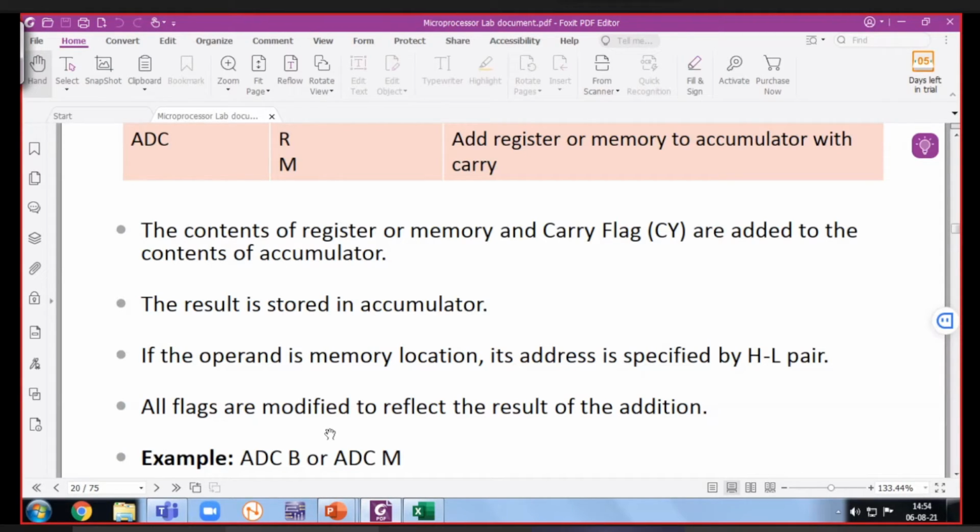All flags means sign flag, zero flag, auxiliary carry flag and parity flag. All flags can be modified, or it may be possible that no flag is modified, depending on the values or the arithmetic operations. And if you are using a memory location, always remember the address is specified by the HL pair only, not by the DE pair or BC pair. That is ADC.